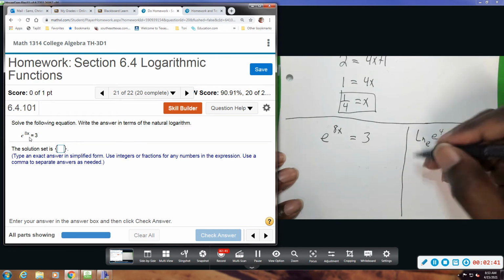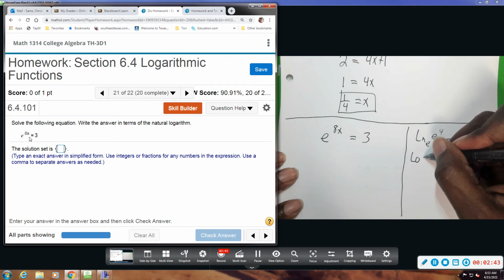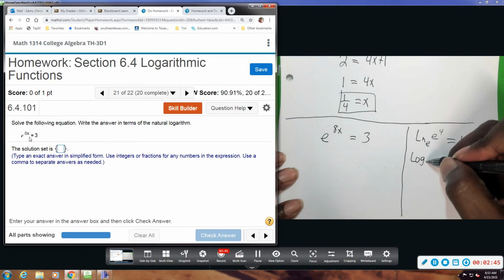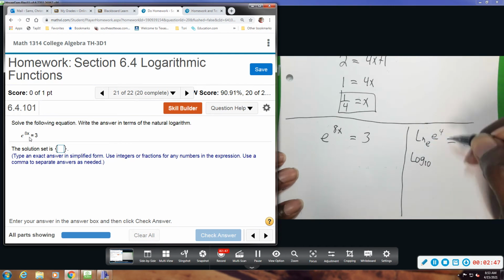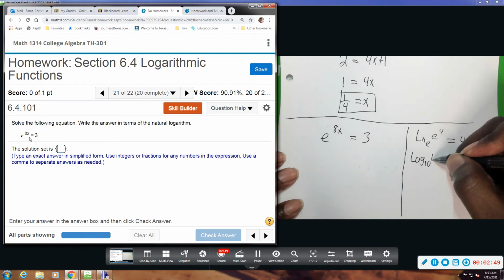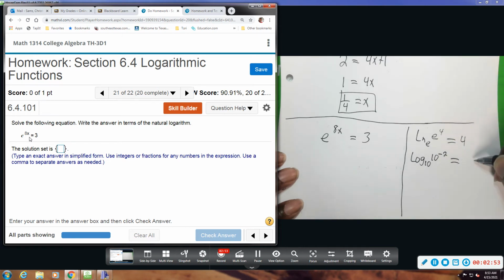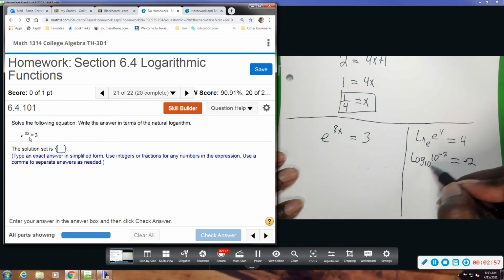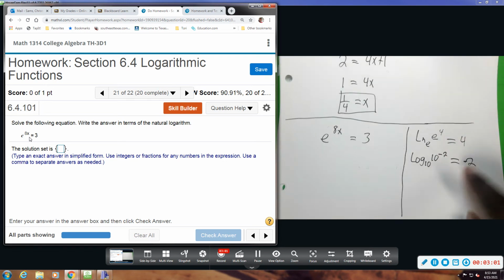The same property holds if you're dealing with regular log. If I have log and it's understood to be base 10, and I raise 10 to, let's just say, the negative second power, the answer I get will be -2, because this 10 will cross out log base 10, and we will just end up with that.